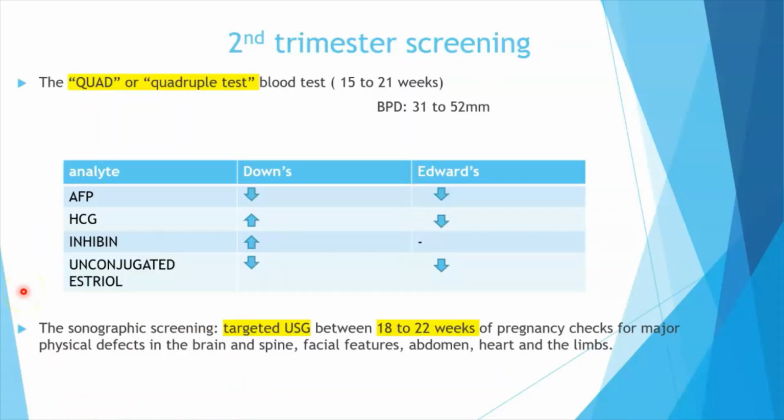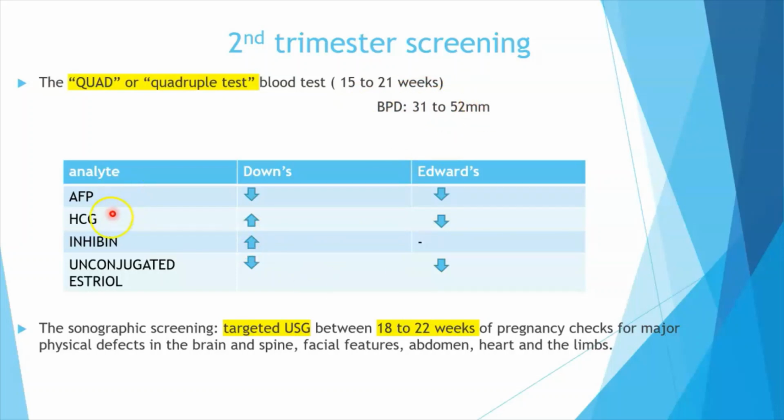Now let's go on to second trimester screening. Second trimester screening again has two parts, the quadruple or quad test or the quadruple blood test, and second is sonographic screening. The quad test is done from 15 to 21 weeks with a BPD value of 31 to 52 mm.